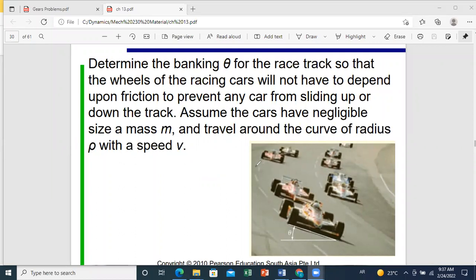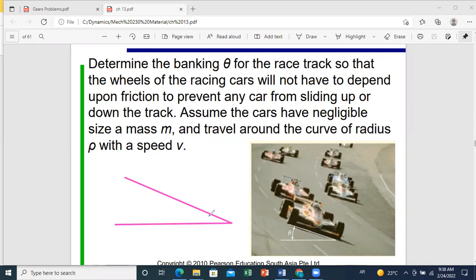coordinates. When you watch Formula One, okay, you realize that the race track is not horizontal. It is inclined. And this inclination is not random. It's well designed, okay? Now, one of the preliminary designs of this inclination is the following.